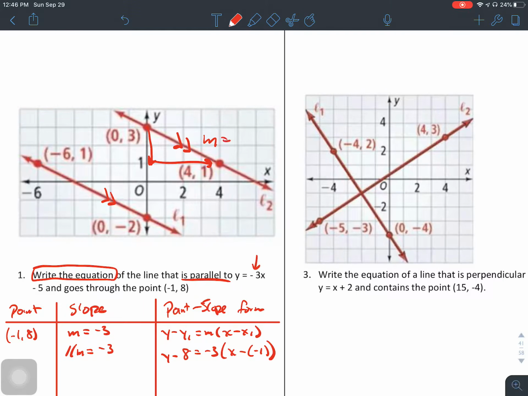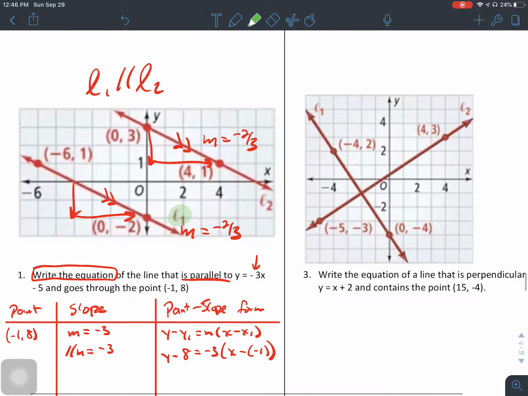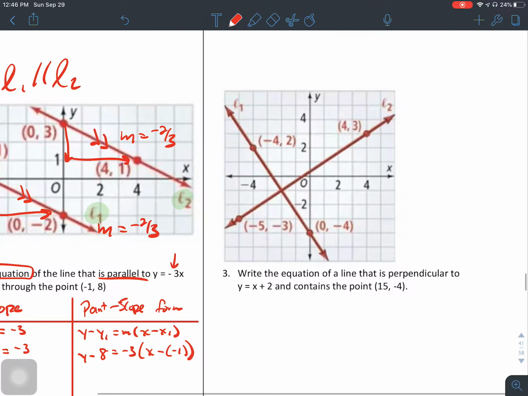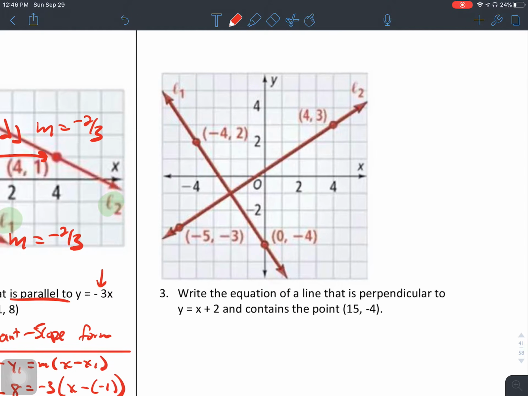the right 3, this slope's negative 2/3. For this one here, if we go down 2 and to the right 3, we also have a slope of negative 2/3. So in this picture, line 1 and line 2 are parallel to each other. And this one here, the picture on the right, looks like this goes up 2 and to the right 3, positive.